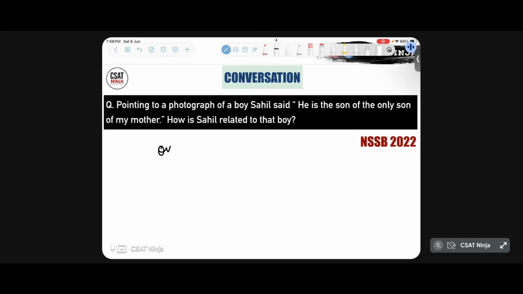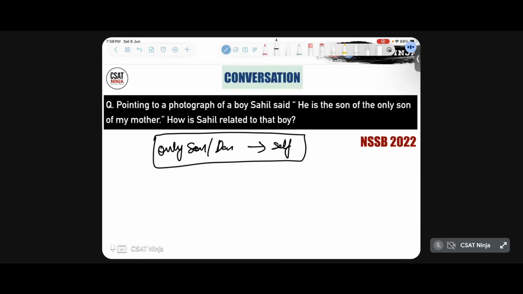Whenever you see only son or daughter in a conversation-based question, always remember that in most of the cases, they are referring to themselves only. So when you see only son or only daughter in a conversation-based question, always remember that they are referring to themselves. Let's try to solve this one.